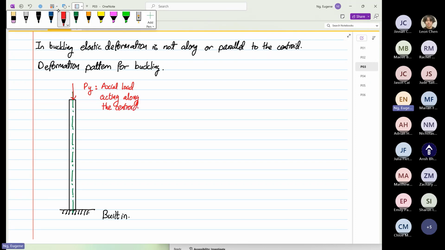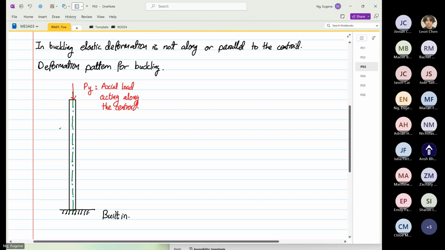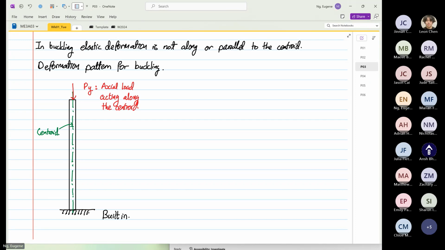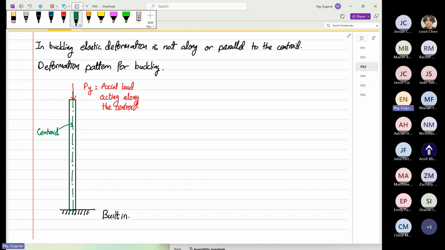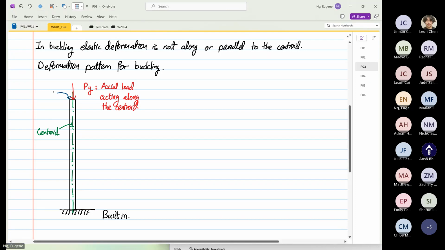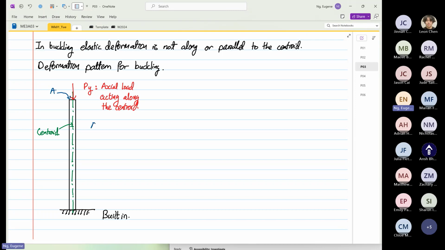So the green line that I drew, this is the centroid. And then we also have over here our A. So A down here represents our cross-sectional area.